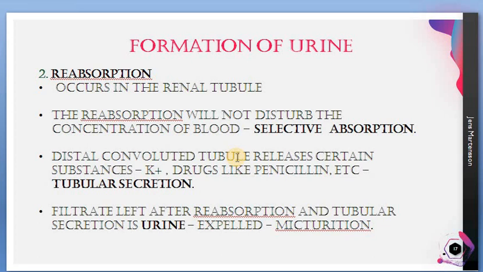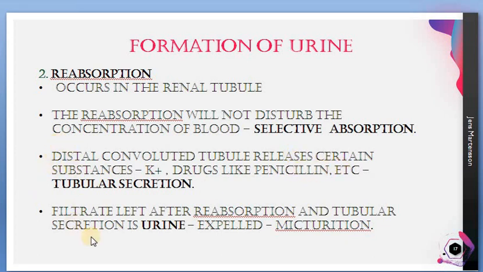So how long does this absorption happen? Till the composition of blood is maintained as normal. Up to that it will be absorbing. That kind of absorption is known as selective absorption. Selective absorption happens in the urinary tubules, especially in the proximal convoluted tubule.